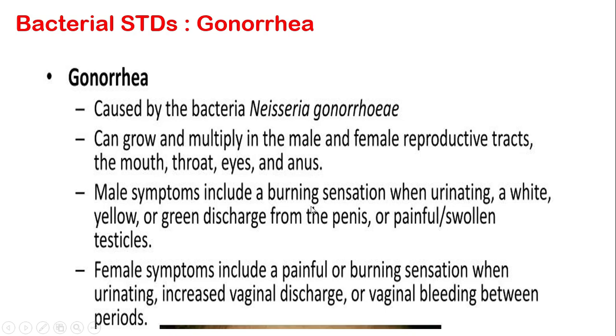Male symptoms include a burning sensation when urinating, a white, yellow, or green discharge from the penis, or painful swollen testicles. Female symptoms include a painful or burning sensation when urinating, increased vaginal discharge, or vaginal bleeding between periods.